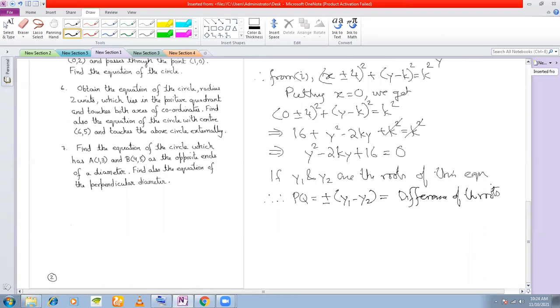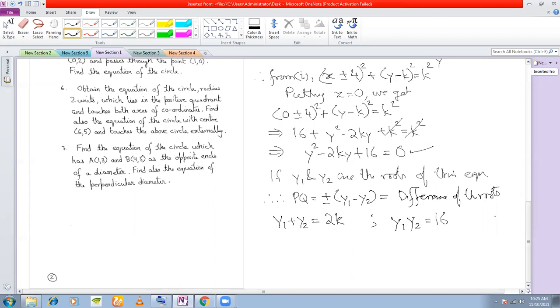And how do you find the difference of the roots? If y1 and y2 are the roots of this equation, what is the sum of the roots? From your quadratic equation topic, y1 + y2 = 2k, right? And the product of the roots is 16, c by a, isn't it?